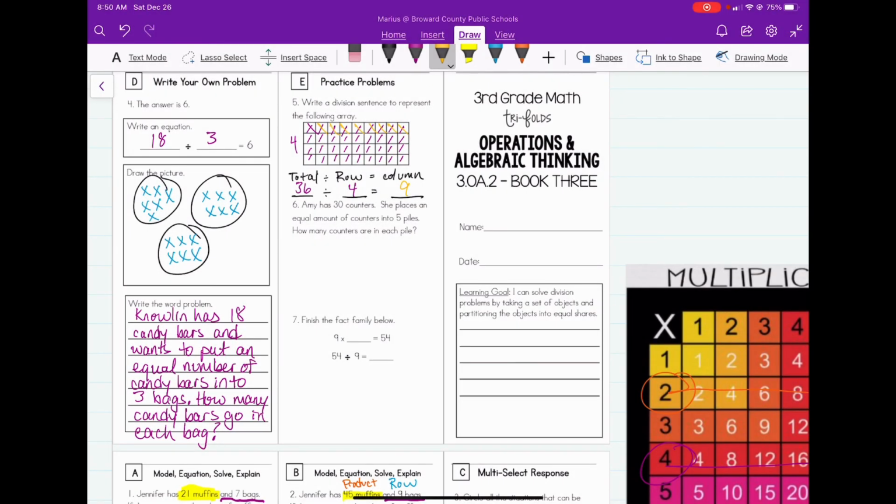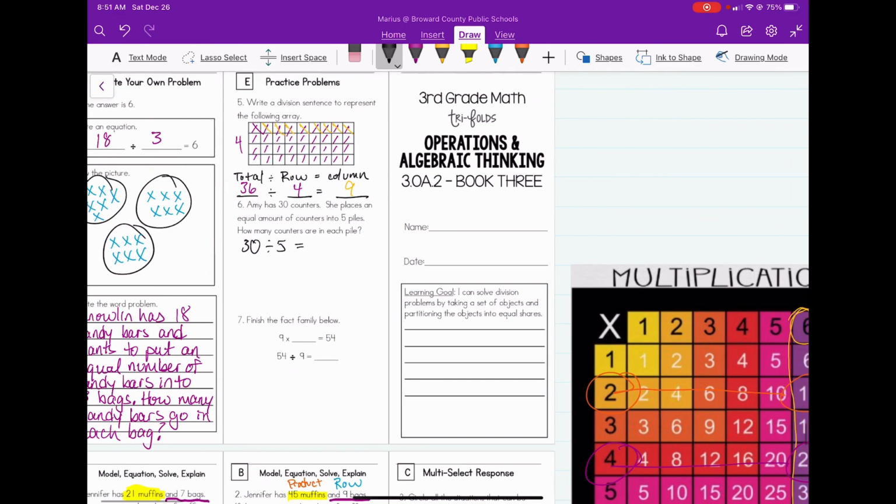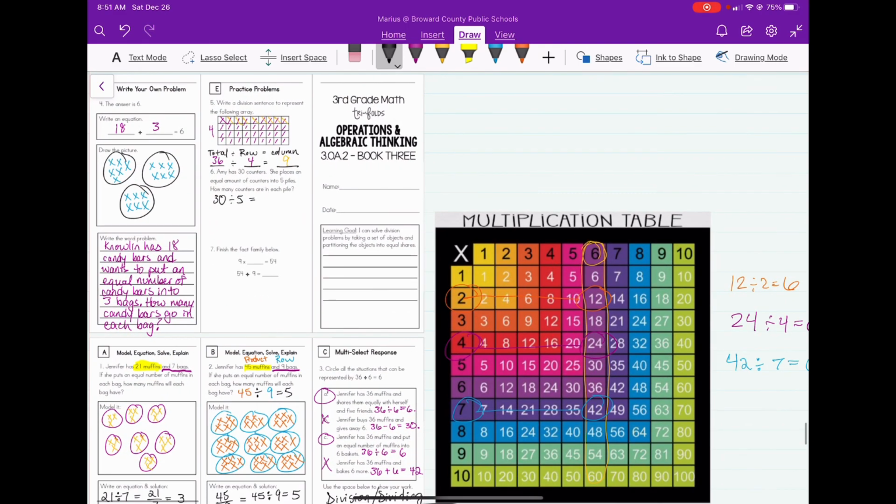Amy has 30 counters. She places an equal amount of counters into 5 piles. How many counters are in each pile? Well, at this point, we know we're going to be doing 30 divided by 5. What does that equal? Well, let's go to our multiplication table.